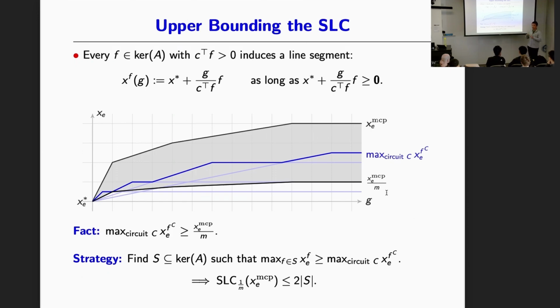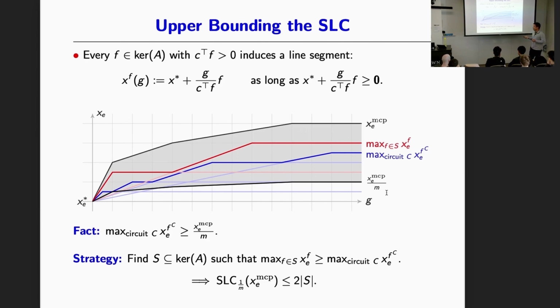So let's say these two red curves correspond to the vectors in S, my representative set. If I take the pointwise maximum curve, it lies above the blue curve. So this is what I mean by dominate. And notice that it only has 4 linear pieces.